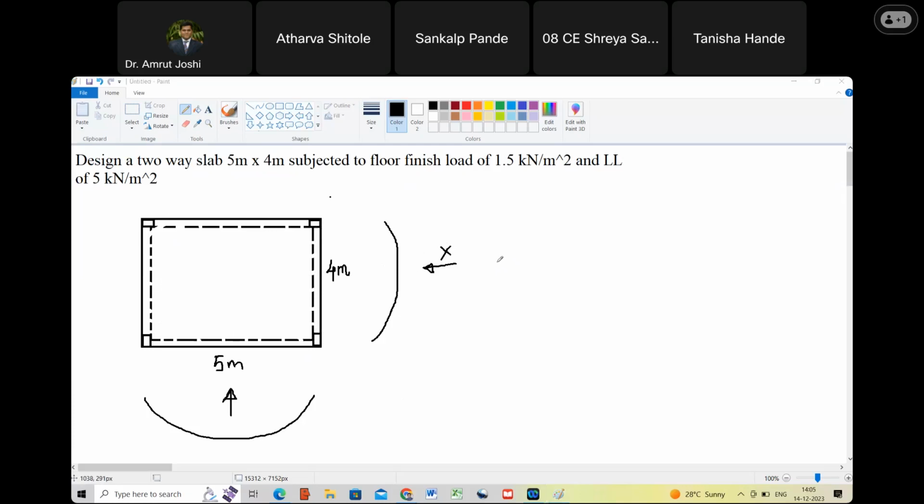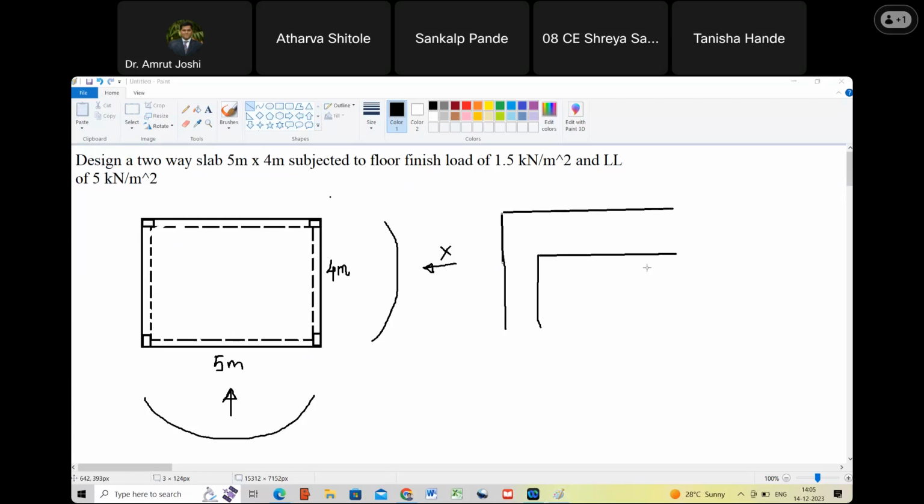So how does this view look like? Let me draw this view. You have columns here. On top of the column, you will have a resting beam. So this is the beam that rests on the column. Are you with me? Yes, sir.